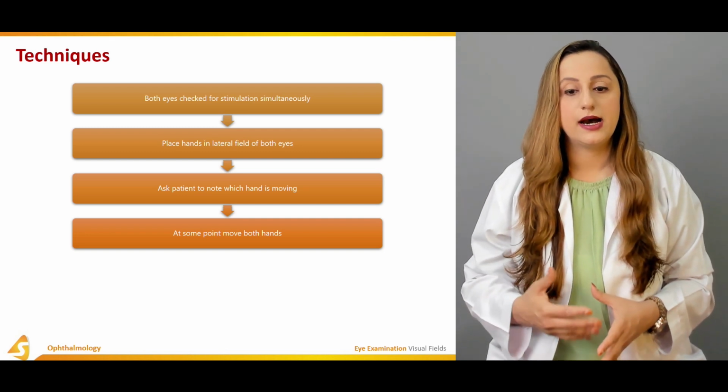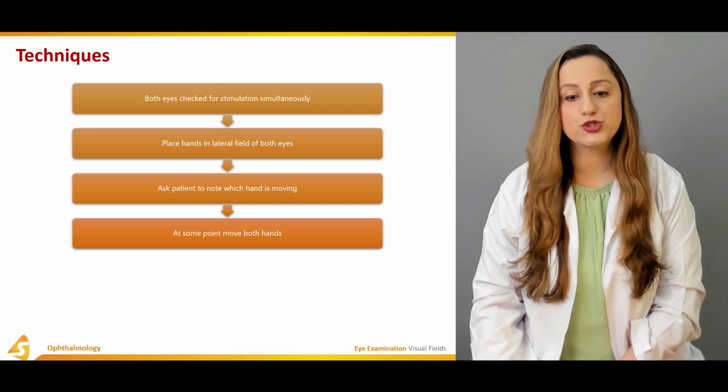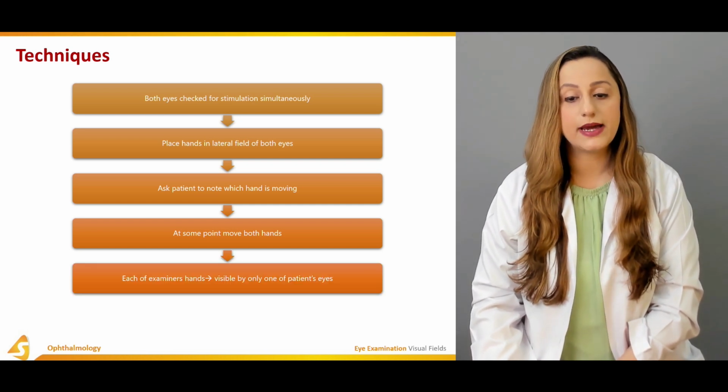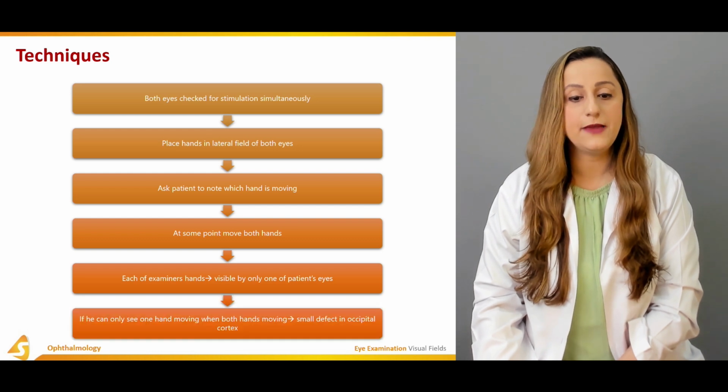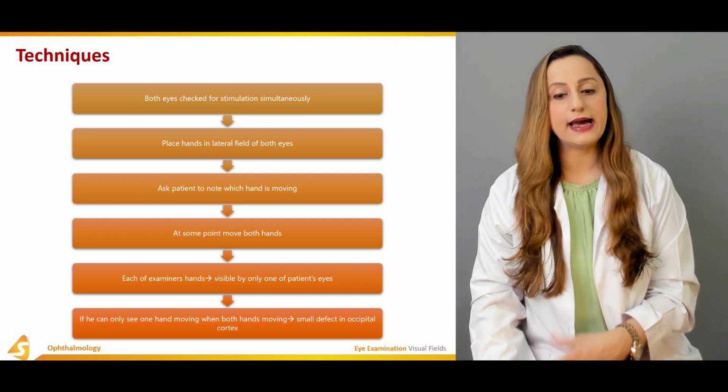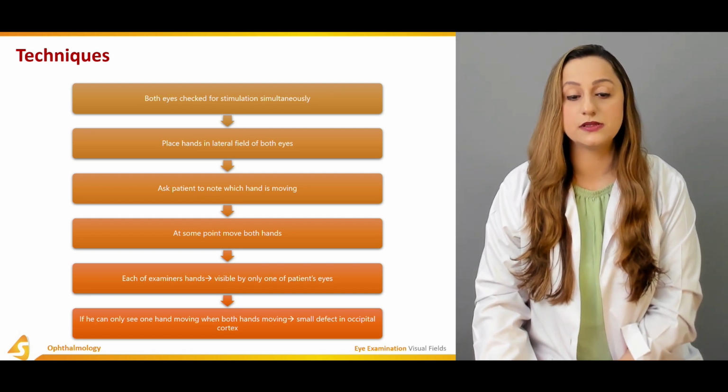How are you going to see this kind of visual field defect in this patient? Each of the examiner's hands is visible by only one of the patient's eyes. If he can only see one hand moving when both hands are moving, this suggests a small defect in the occipital cortex.